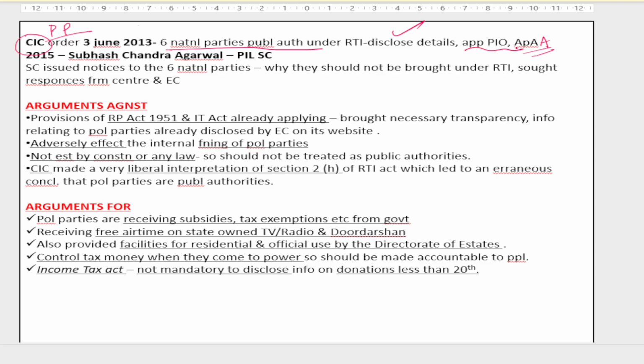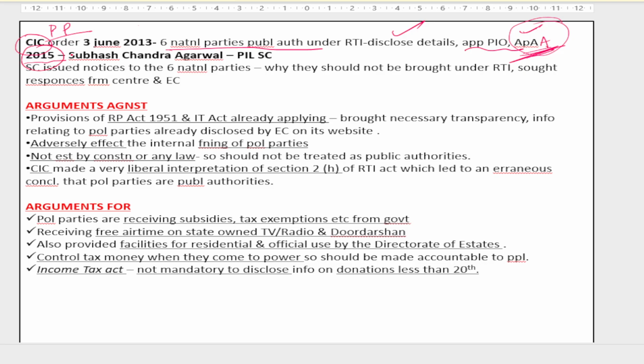They should appoint public information officers, and they should also appoint the appellate authorities, the first and second appellate authority. We know that the second appellate authority is always the Information Commission. The first appellate authority is a senior official within the organization.